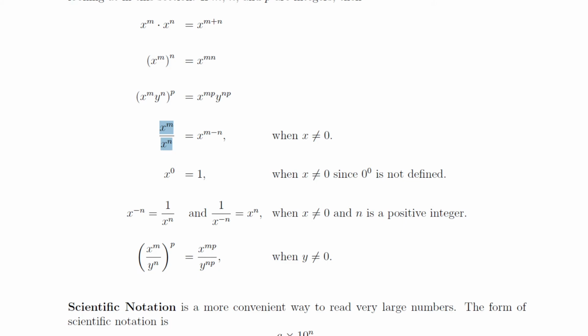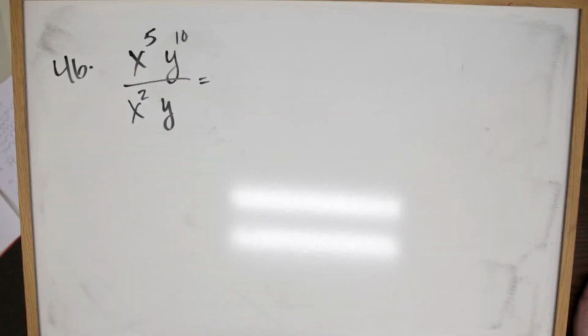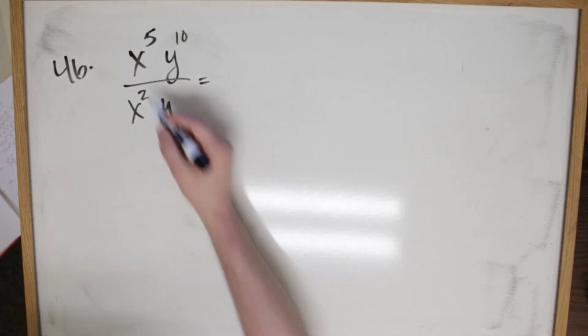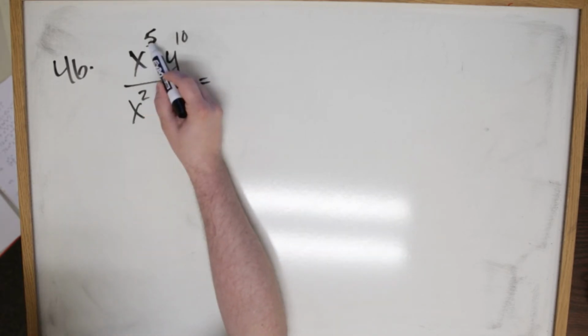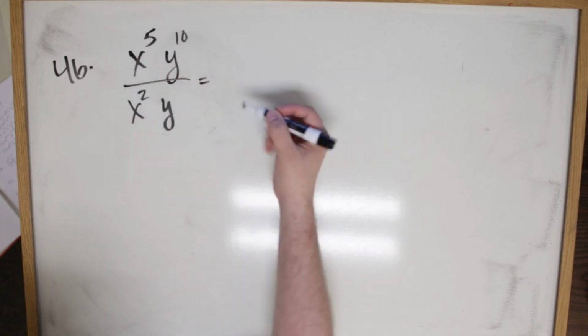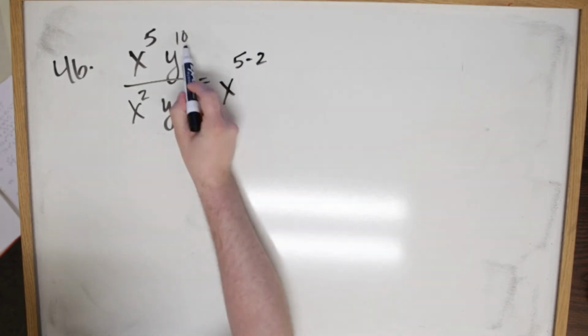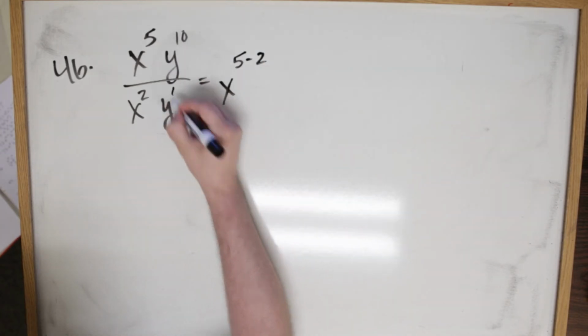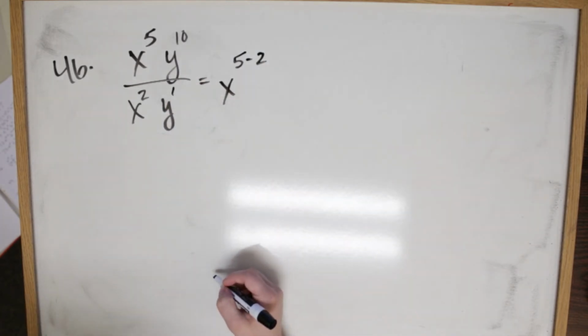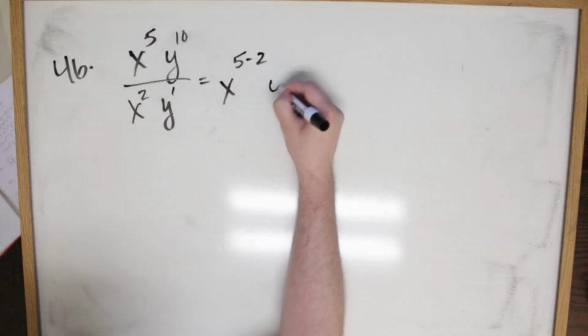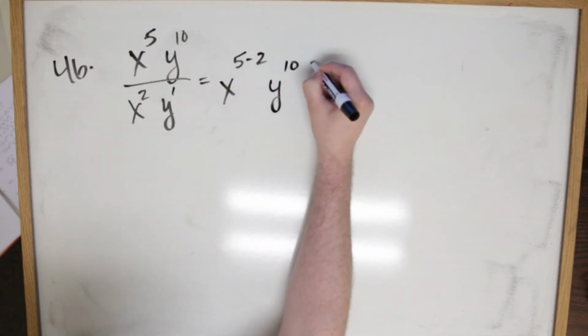So if I were to look at this problem, we're going to do each individual base on their own. So here, this would be x to the 5 minus 2. And then the same idea here, if there's no exponent, it's assumed to be a 1. This means that this is going to be y to the 10 minus 1.